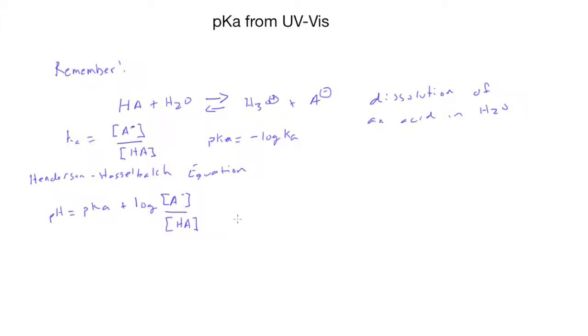What we need is for pH to equal pKa. We can get that when the concentration of A minus is equal to the concentration of HA, because the log of 1 is equal to 0.